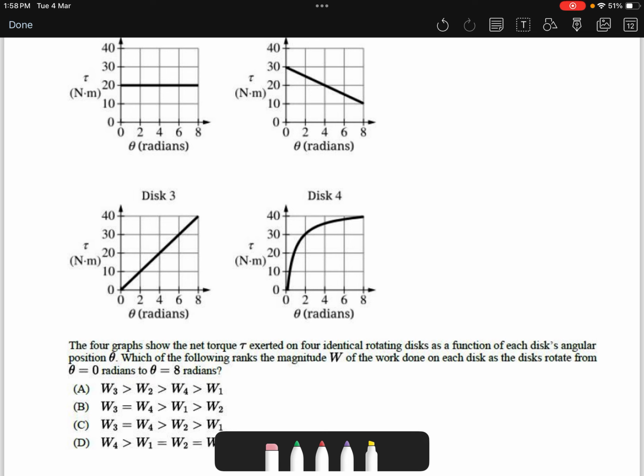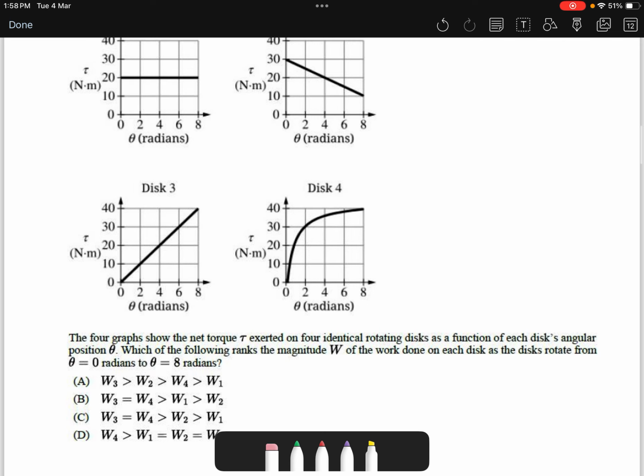Now, to rank the work, we can remember that work equals the area under the graph.